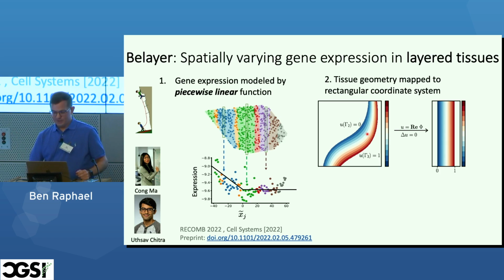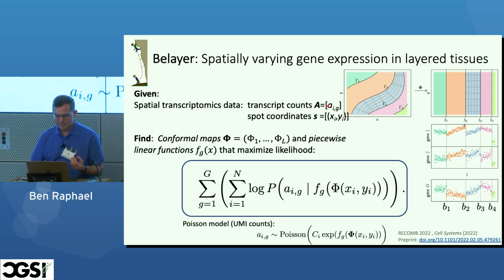Okay, so putting it all together, if I just give you data and we want to fit this model, we have to do two things. My data comes in the form of transcript counts with corresponding spatial locations. Then I'm going to find the maps that transform the geometry to this axis-aligned geometry and simultaneously find the piecewise linear functions that maximize the likelihood of observing the data.